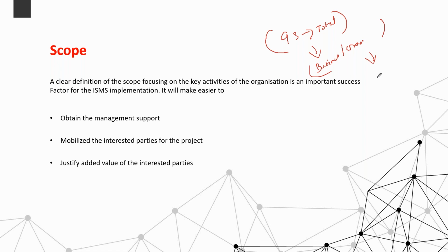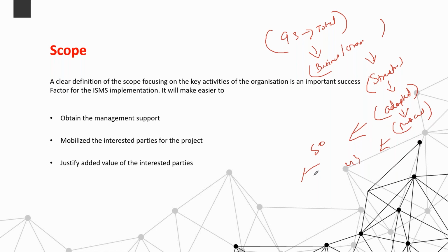After looking into the structure of the organization and understanding its business, we decide which controls need to be adopted and which need not be adopted. Let's suppose out of 93 controls, we are adopting 50 controls and not adopting the remaining 43 controls. So what we do is present a Statement of Applicability, SOA.